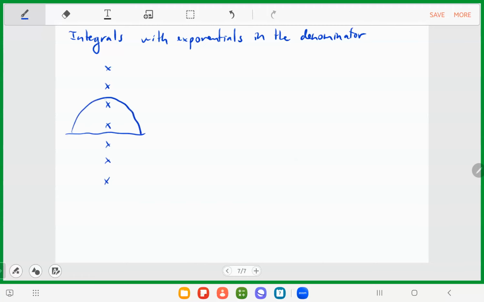When R increases, the number of singularities increases. And also, to calculate the integral by the residue theorem, we'll have an infinite sum. All of these things are bad, right? So this type of contour is not good for integrals or functions that have exponentials in the denominator.